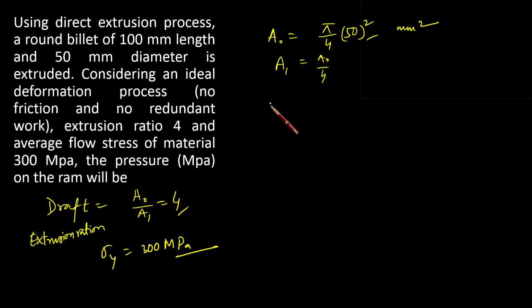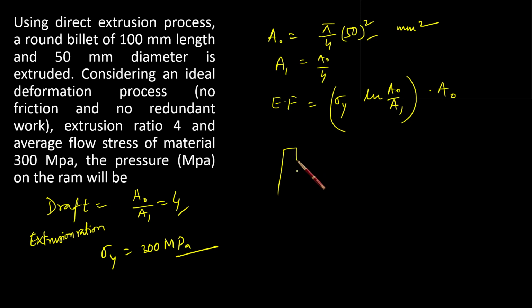So just to get this value, now extrusion force is equal to sigma into ln a naught by a1, this is the stress, into a naught. A naught is the initial area, it is the extrusion process, isn't it?